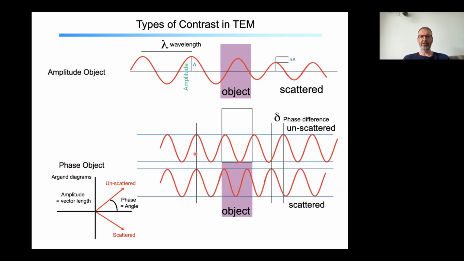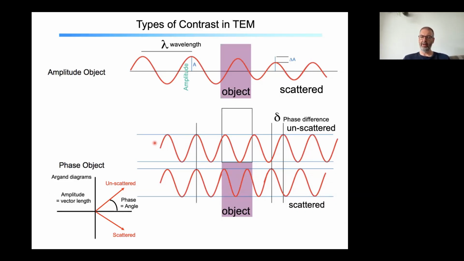So essentially you've got two waves going through your specimen here, and you get a small phase shift induced by your object. You can see this is a difference in where these oscillations appear. Here you've got the maximum transfer of your scattered wave and the minimum transfer of your unscattered wave.